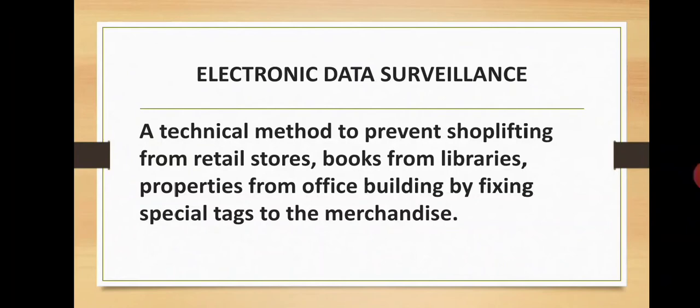This tag will always be attached with a magnet, and only at the billing counter is there equipment for removing this tag. Without removing this tag, if you are exiting from a store, a buzzer blinks, and this is how retail operators get to know that there is a chance of shoplifting, or a book is moving out from a library, or something wrong has happened.